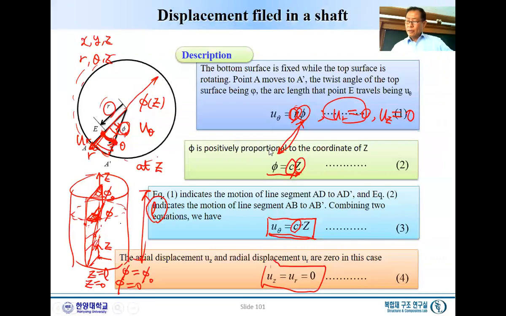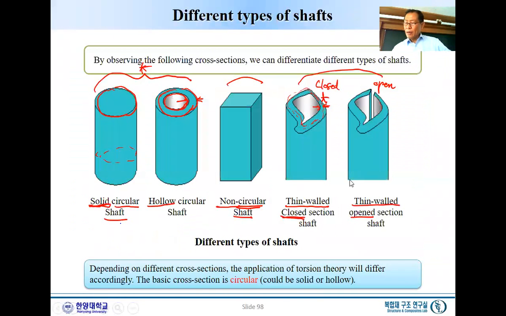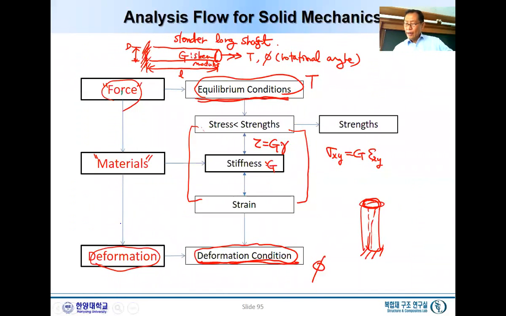And again, getting back to this flow chart, for the deformation we can say that U theta will be C times R times Z, and the others, U_R and U_Z, equal 0. That is the deformation condition. That is the deformation field the shaft will experience.